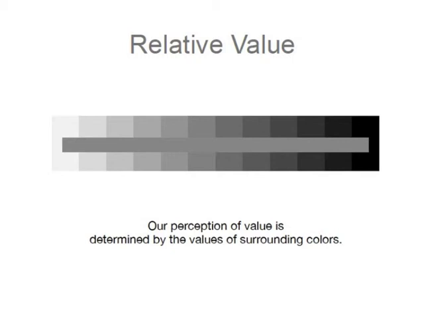But we are perceiving a gradation from dark to light because the ground behind it is gradating from dark to light. And it's a very obvious inverse relationship. The lighter the ground, the darker the color will be perceived on it. The darker the ground, the lighter the color will be perceived. So that gray strip that's sitting there is the same color from end to end. It just appears to be lighter, and then it appears to be darker.